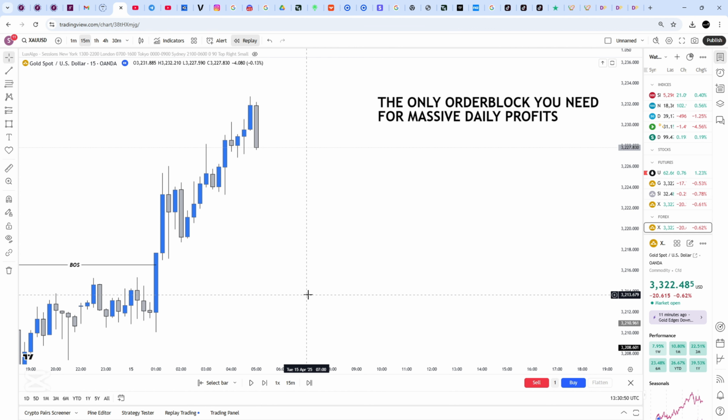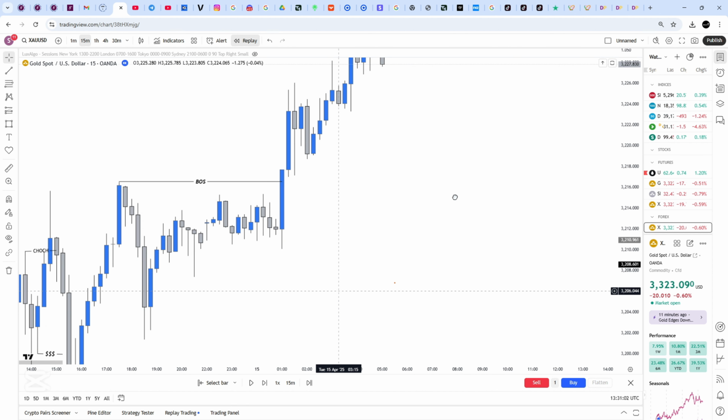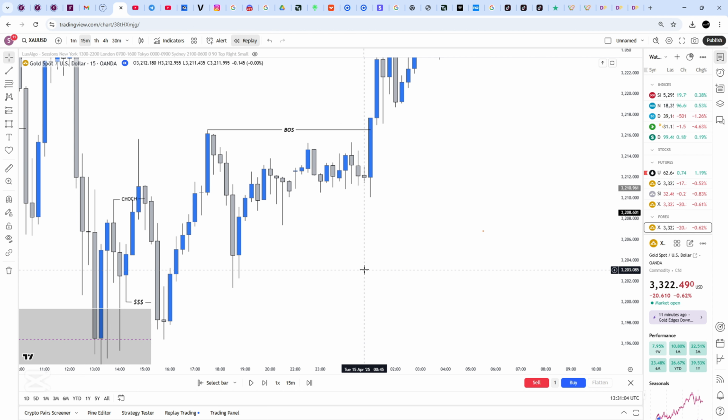So the order blocks, firstly, are the zones where the sellers and the buyers have negotiated from, or where anyone has dominated the market from. For example, if the market has been in an uptrend like this one, that means the buyers have taken it up and they have broken this side.